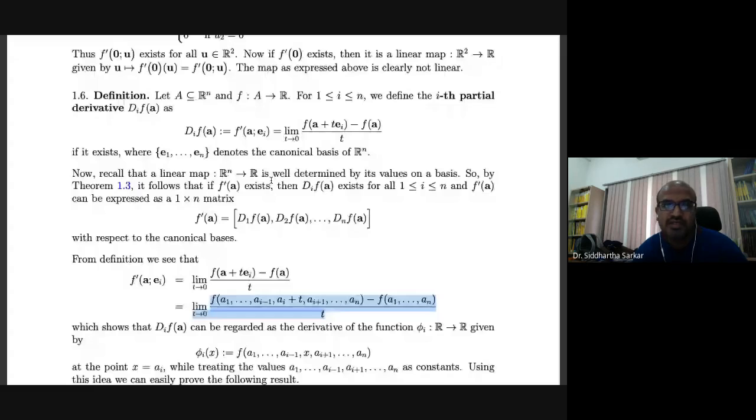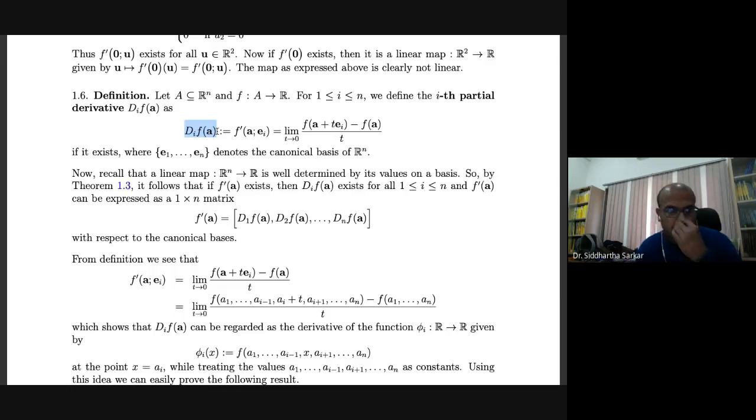So if you compute the limit of this, it is nothing but your partial derivative with respect to the ith variable at the point a1, a2, ..., an. So the directional derivative along the axis ei is nothing but the partial derivative of f at the point a.